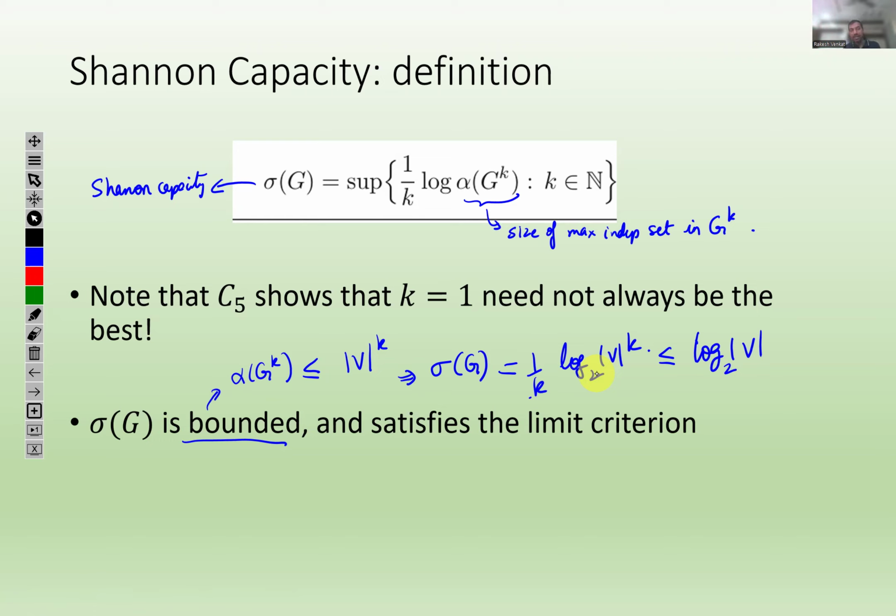Okay. And secondly, although for k equal to 2 the efficiency may increase, for k equal to 3 it may drop, and so on. The limit criterion basically states that you can show the following, that in the limit, as you go k to infinity, you will approach sigma of g.